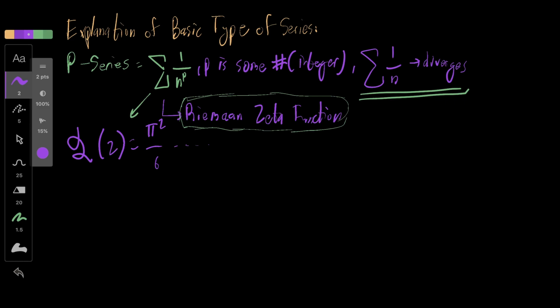The second type of series is a geometric series. This geometric series is a series that's equal to a times r to the n. Now, again, this is also very unique, and it's actually sort of related to the p-series.